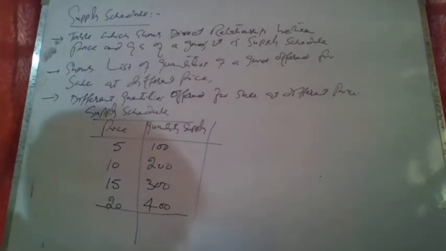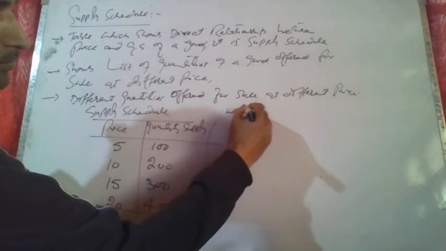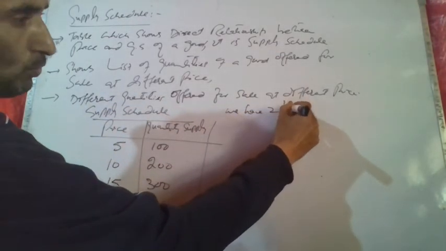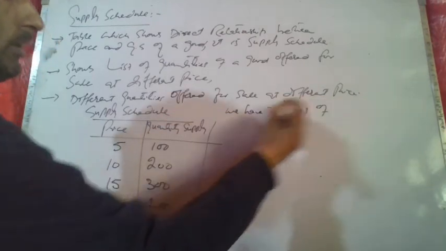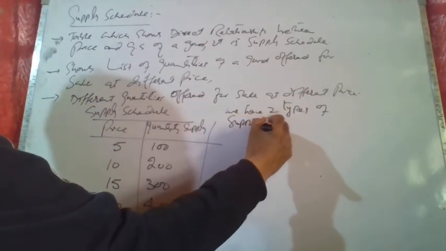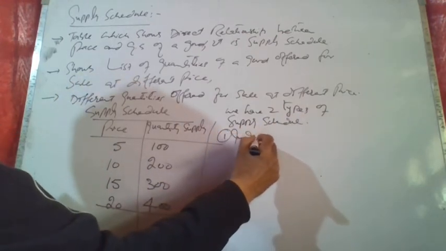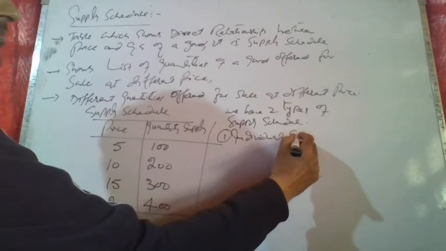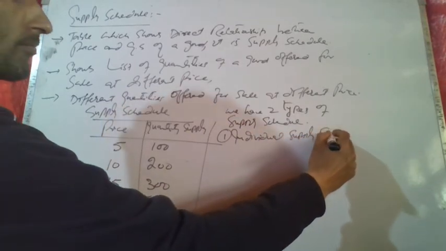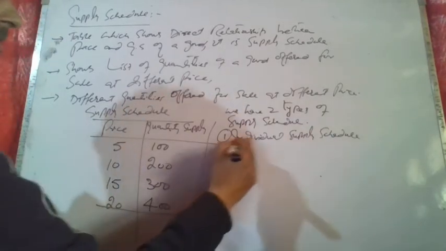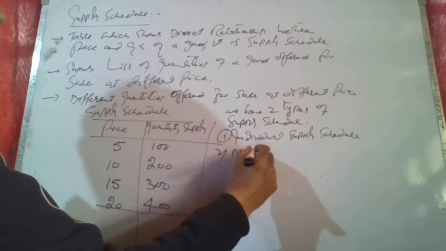Supply schedule, as we know, has two types. One is individual supply schedule and next is market supply schedule.